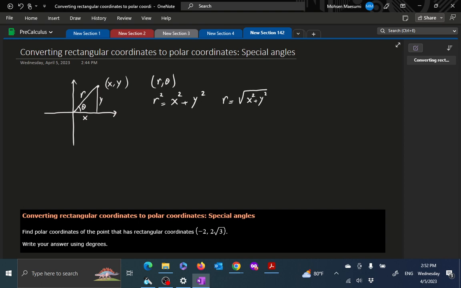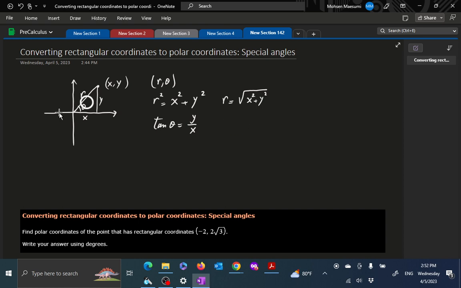The second relationship that we can see here is that this angle is connected to the opposite and adjacent. That is, tangent of theta is equal to y over x. So we can find theta from this relationship. We have to be careful as to situations where there are multiple answers.